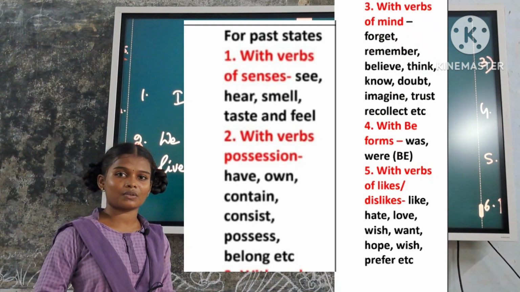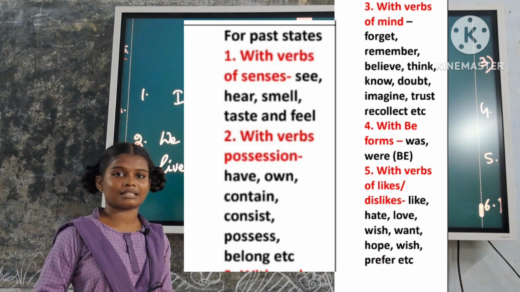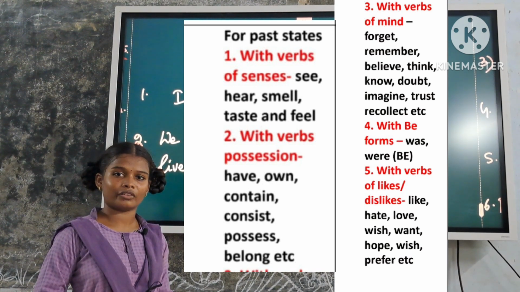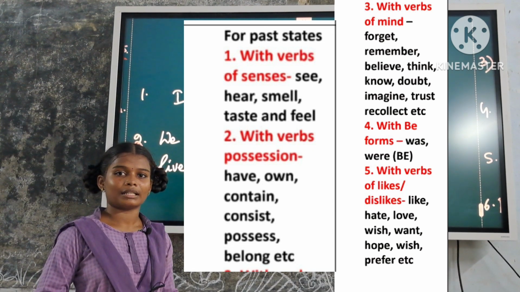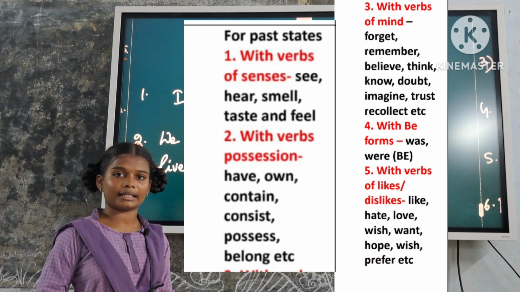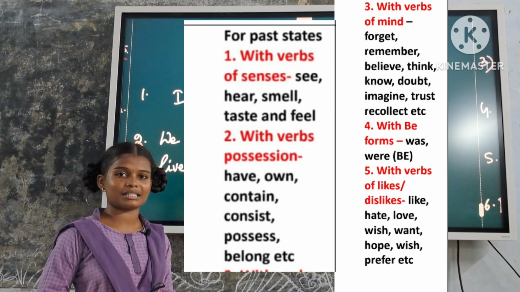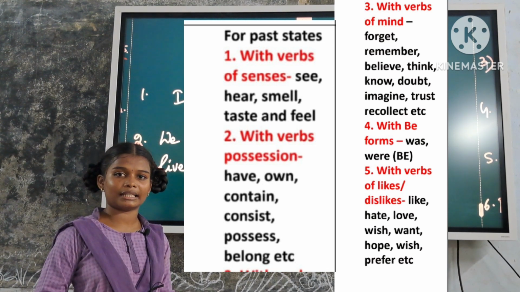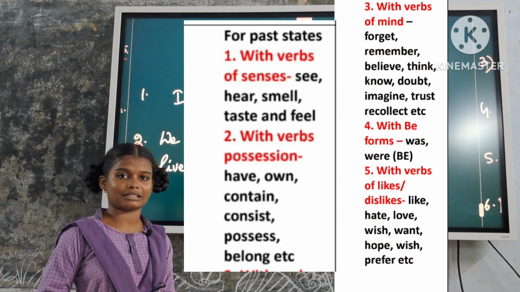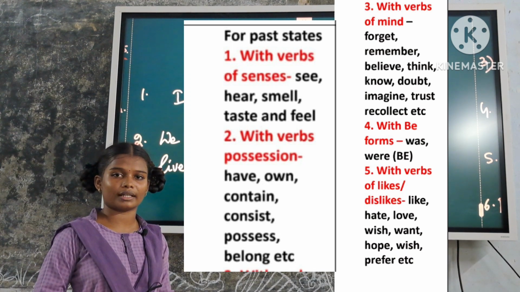First one, verbs of senses such as see, hear, taste, smell, feel, etc. Next one, verbs of possession such as have, contain, consist, possess, belong, etc. Next one, verbs of mind such as think, remember, forget, believe, etc. Next one, be form verbs such as was, were.